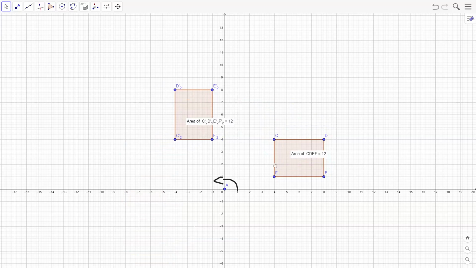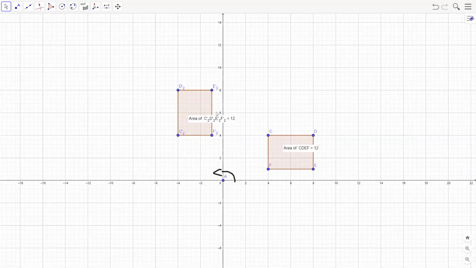So what we're going to do here is switch the coordinates. Since it's 4 comma 1 right now, it's going to be minus 1 comma 4, because in the second quadrant you always have minus x, positive y.